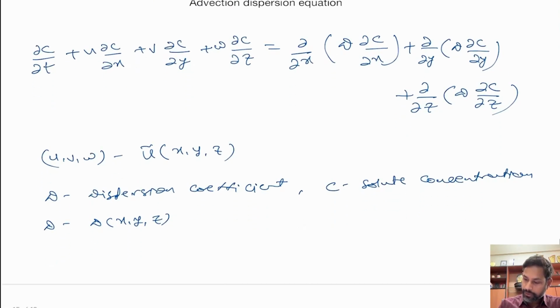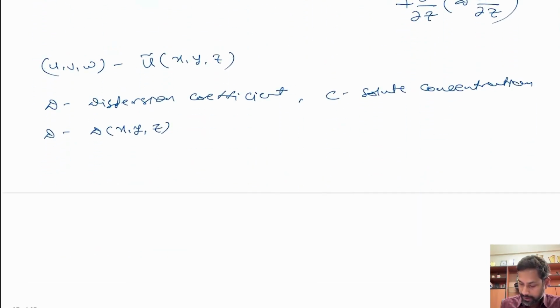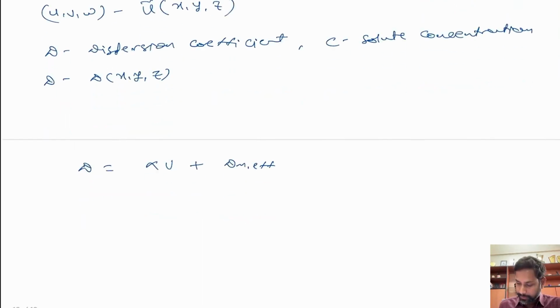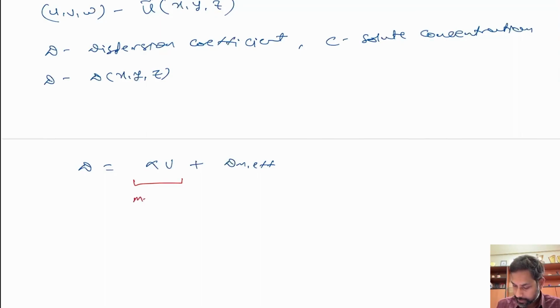Okay, so now this D that you see, the dispersion coefficient, is actually defined as alpha U plus Dm effective. And what you see here is the effects of mechanical dispersion and molecular diffusion. Okay, so this gives you the effects of mechanical dispersion, and that is something we exactly just discussed.